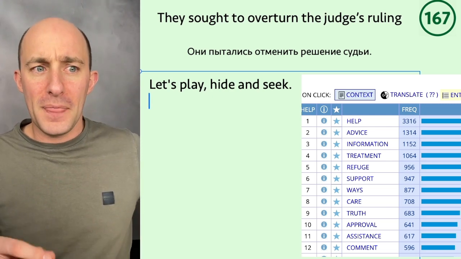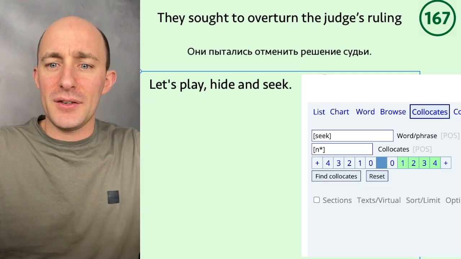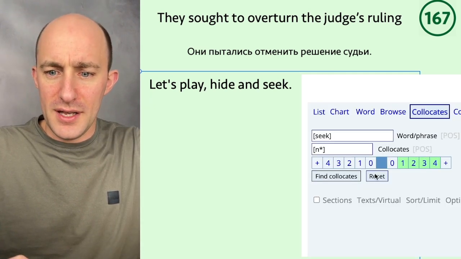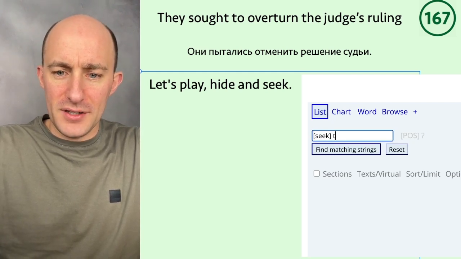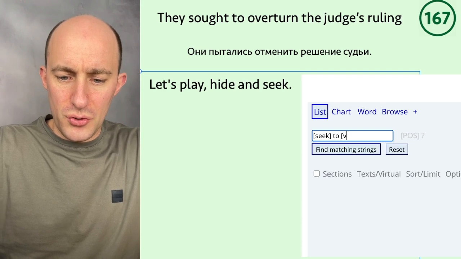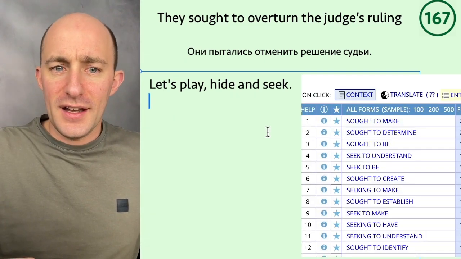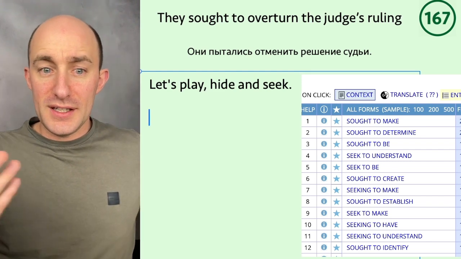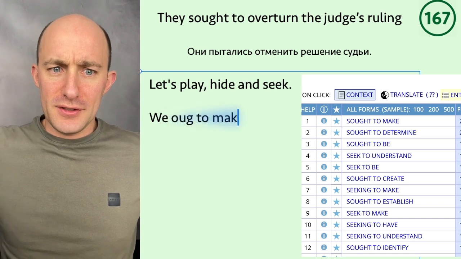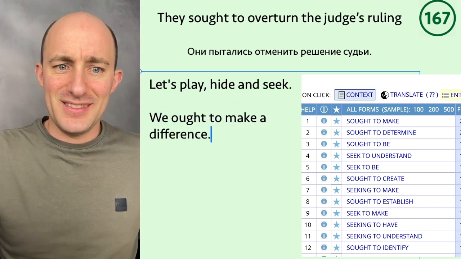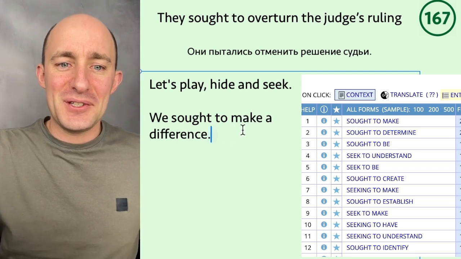But seek to do is usually to try. And we often find this with, let's see which verbs often come after seek to. They sought. We sought to make a difference. Not ought, sought. We sought to make a difference.